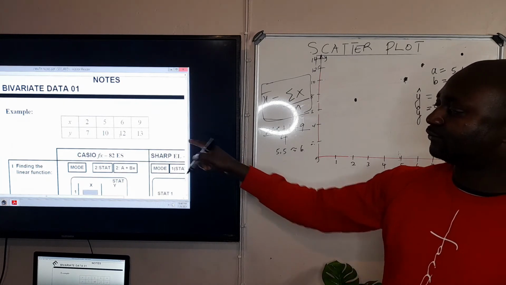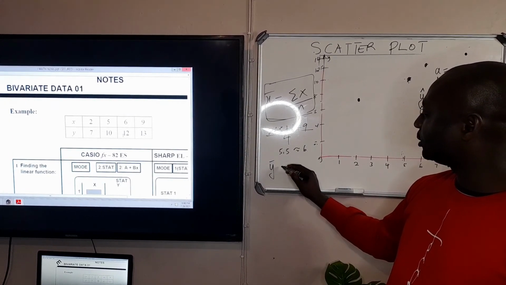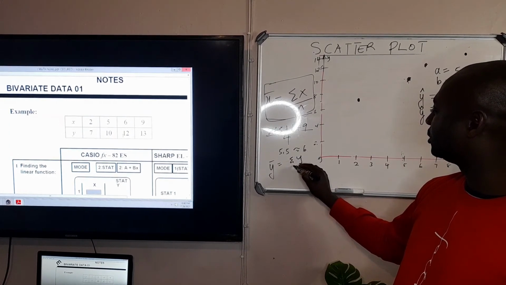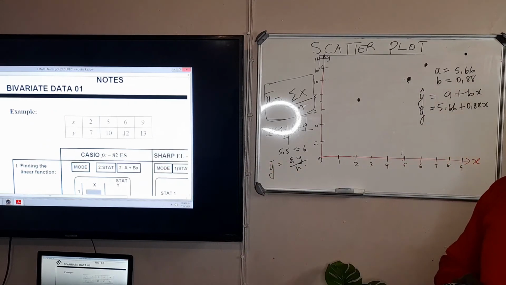And then you can go and find the mean for the y value. Y bar is also equal to the sum of y over n. You add all the y values, which is 7 plus 10, 17. So you get 17 plus 12 plus 13, which gives you 42.